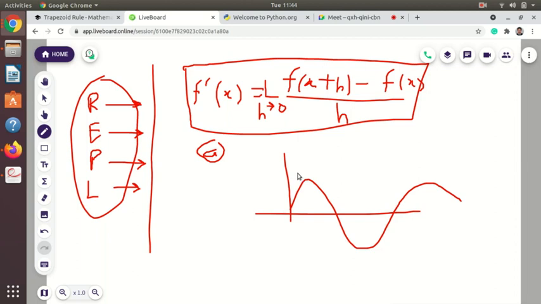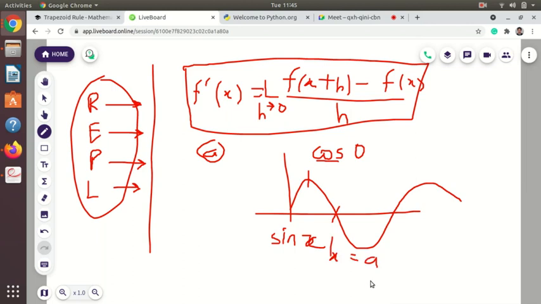Analytically, the derivative of sine is cos, so it has to give the value of cos 0, because I have to find the derivative of sine at 0. If I do it at pi by 2, it should give the value of cos pi by 2. If it is at pi, then it should give cos pi. Remember, we are calculating the derivative of sine x numerically, but at some point x equal to a.